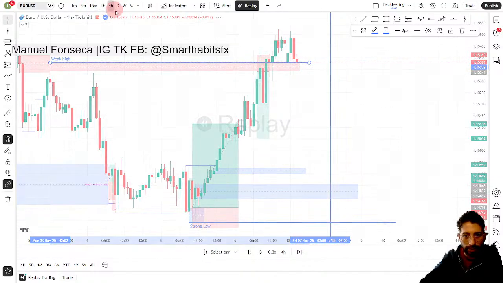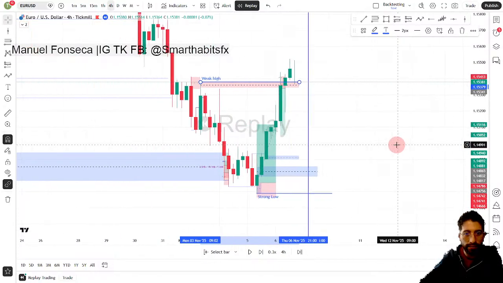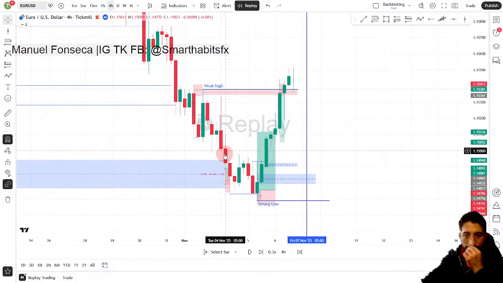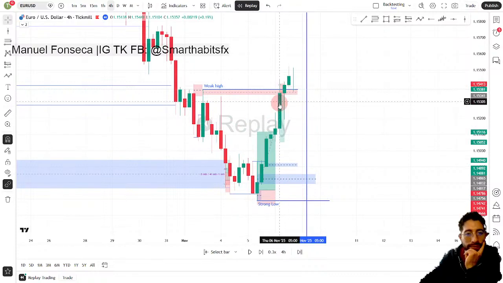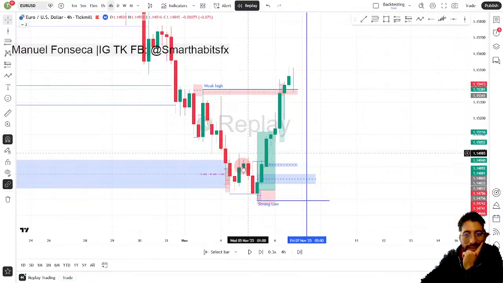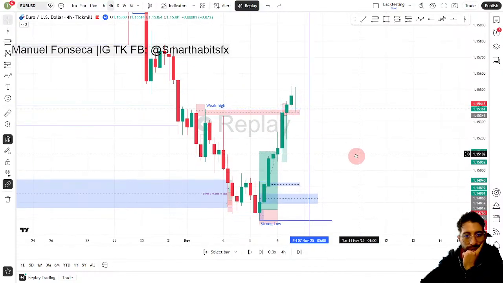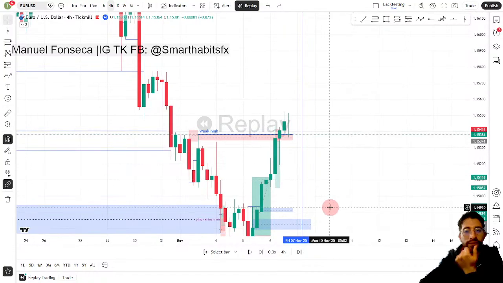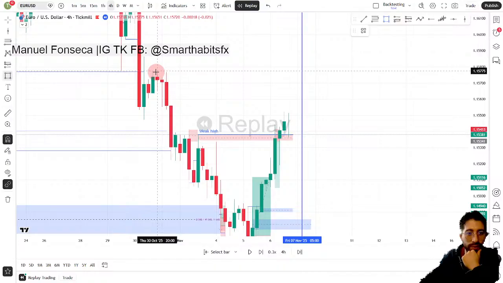And now let me check one thing, because if in the 4 hour time frame we also have a change of character, a break of structure, I wouldn't put the order here. Why? Because in the 4 hour time frame the impulse is stronger. So that's why I wouldn't do it.